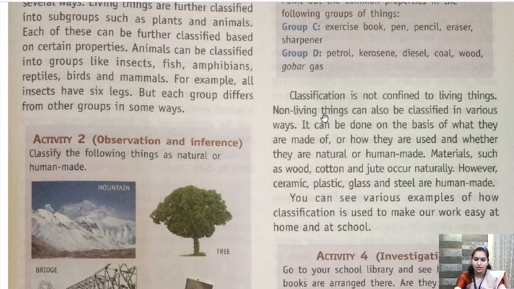Now coming on to this. Classification is not confined to living things. Non-living things can also be classified in various ways. It can be done on the basis of what they are made up of. Like wood can be classified in one category, metals in a different category, plastics in a different category.